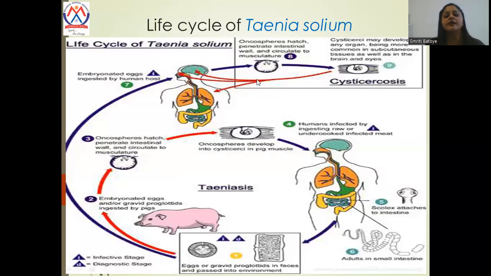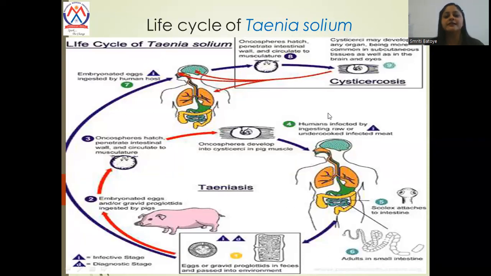And when the pig ingests this capsule, which contains the embryo with its membranes, it enters the body of its secondary host, which is the pig. And after consuming this oncosphere, the digestive juices of the pig digest the outermost layer of the capsule, and now the hexacanth larva is exposed in the intestine of the pig.